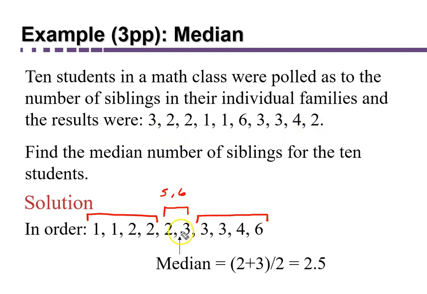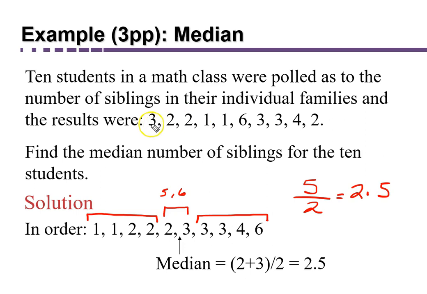So we take these two numbers, 2 and 3, add them together, we get a 5, and now we divide by 2. We're finding the mean of just these two numbers, which is 2.5.